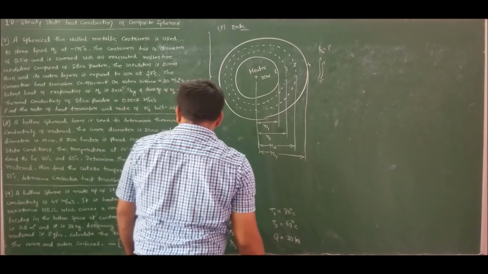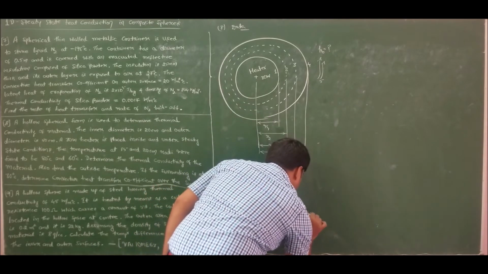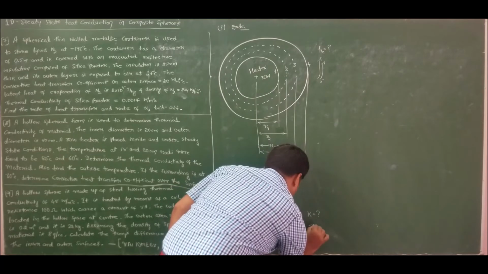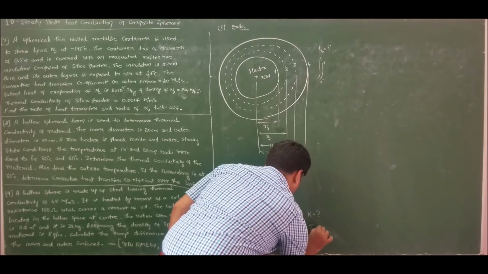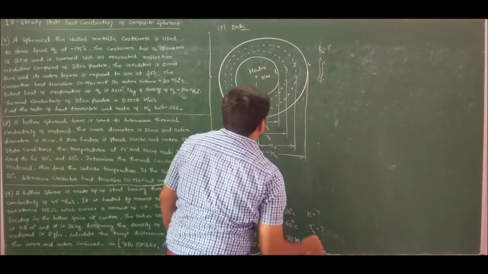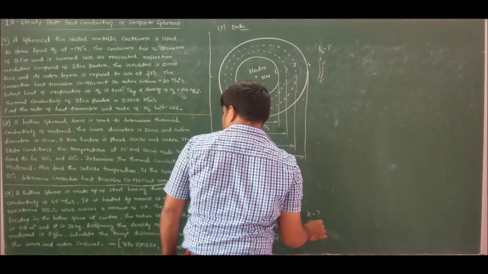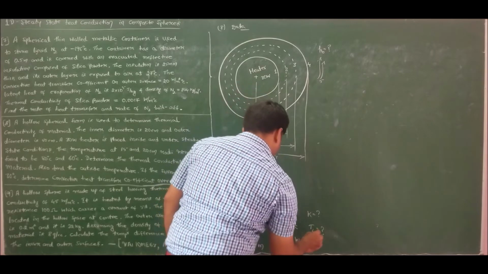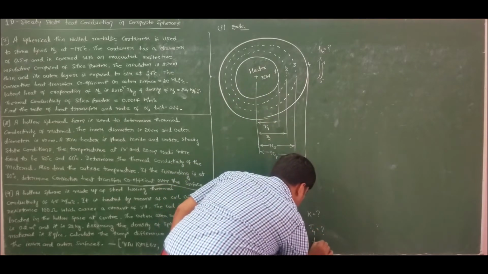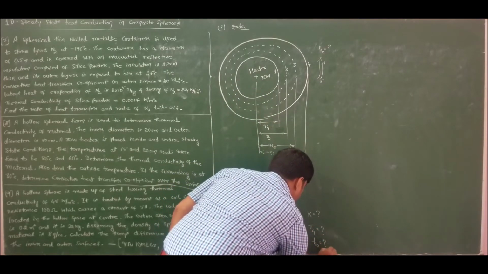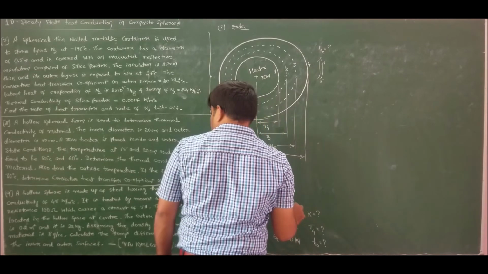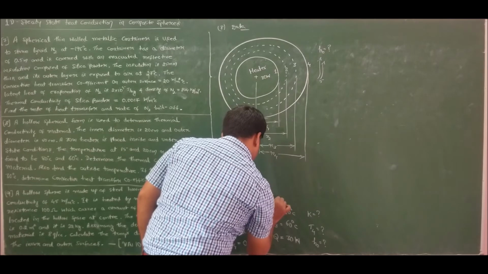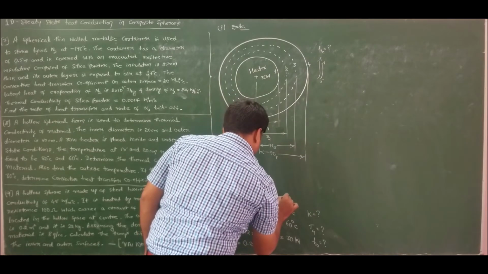He is asking us to find the value of thermal conductivity K, the outer surface temperature T4, and also to determine the value of the convective heat transfer coefficient H0. The atmospheric temperature is also specified, which is 30 degrees Celsius.